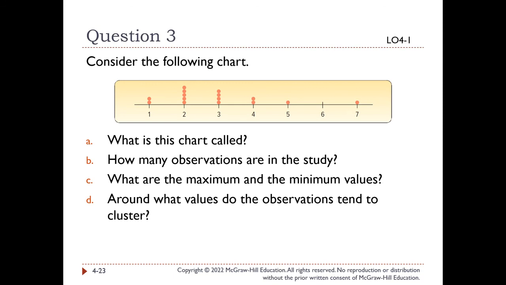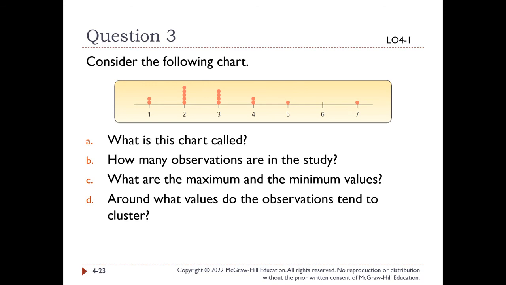Anytime you count, you gotta count like Sesame Street. Anyway, what are the maximum and minimum values? Well, the maximum value per this chart is 7, and the minimum value is 1. In fact, we got 2 of the numbers at 1.